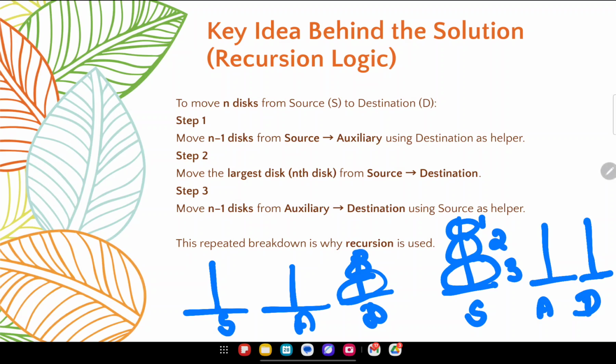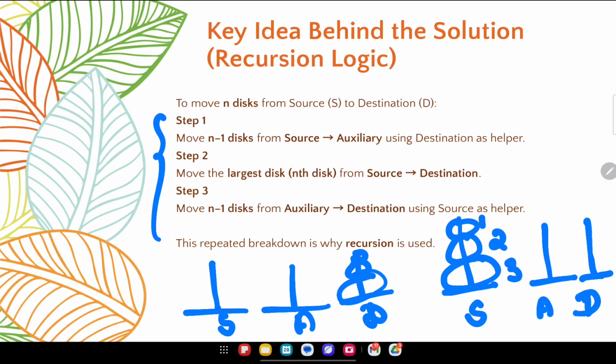So we have to follow these 3 steps. Step 1: move the top n minus 1 disks, because we have n disks in total, from source to auxiliary using the destination as the helper rod.